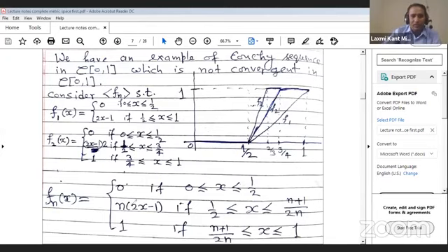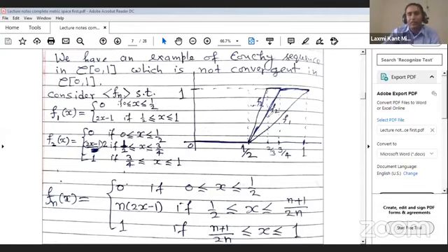Okay, so similarly we can define fn(x), which is 0 from 0 to half, and within half to (n+1)/2n, it is n into (2x minus 1), and after that it is 1.